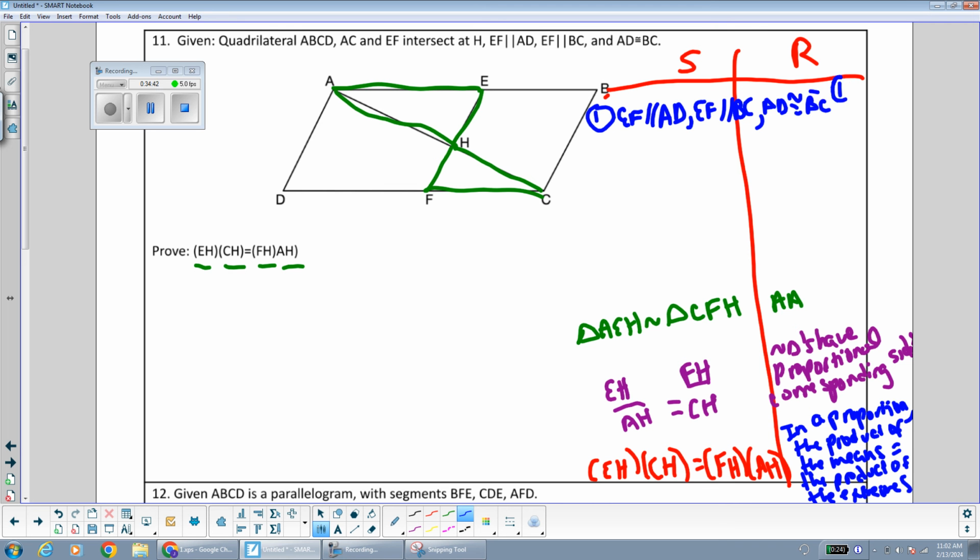That is given. So EF, where is that? Right here is parallel to AD. And then it tells us that EF is also parallel to BC. So I'm going to stop right there. If this is parallel to this, and this is parallel to this, well, that means that this has to be parallel to this.